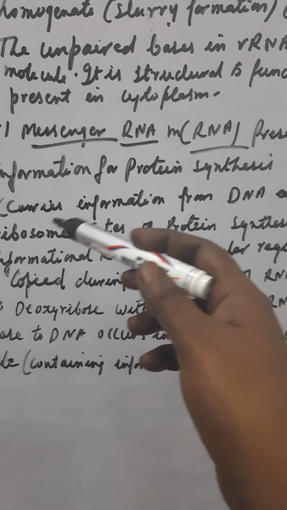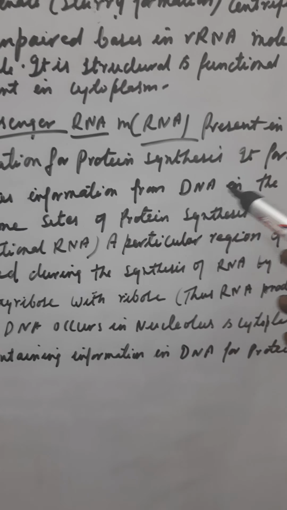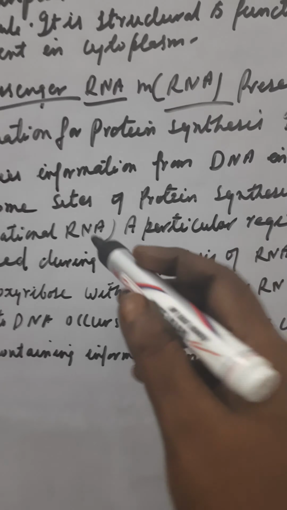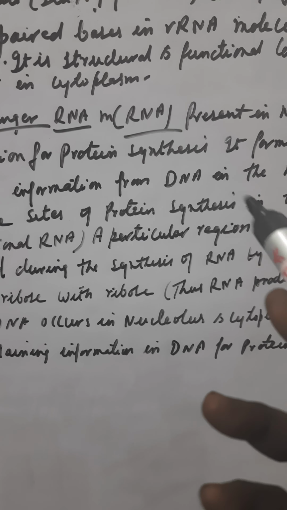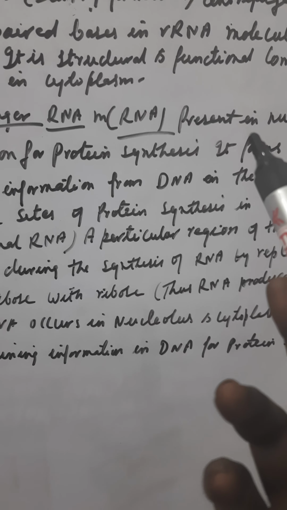It carries the information from the DNA in the nucleus to the ribosome sites of protein synthesis, where protein is synthesized in the cell. That is why it is the informational RNA.